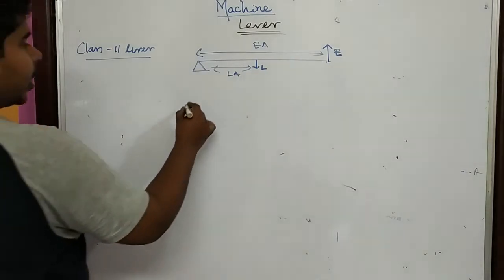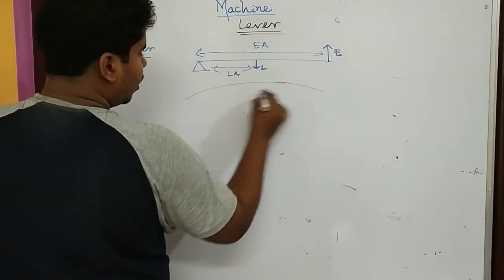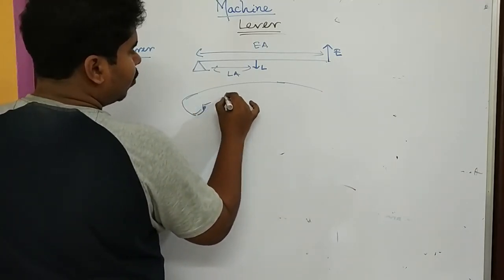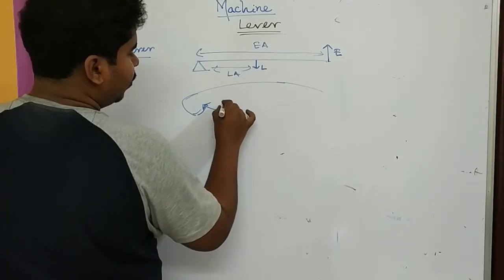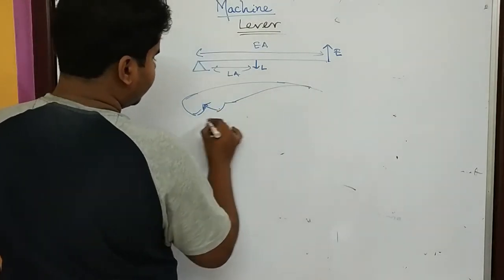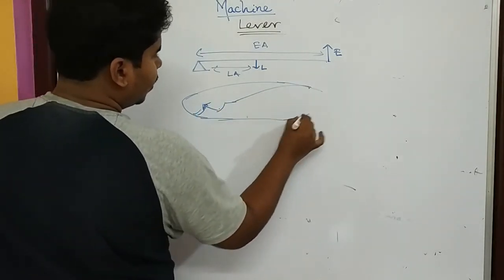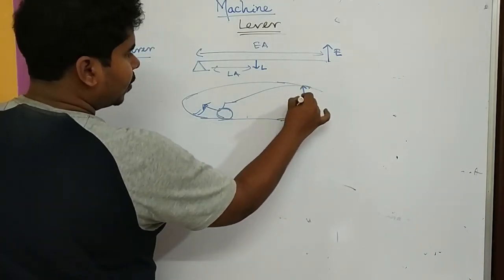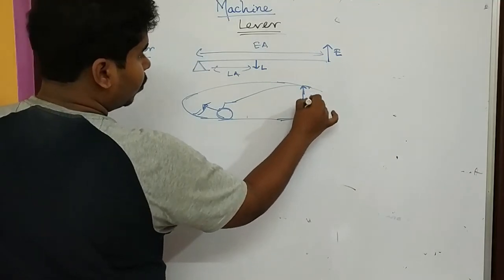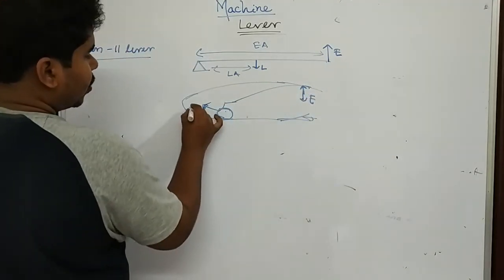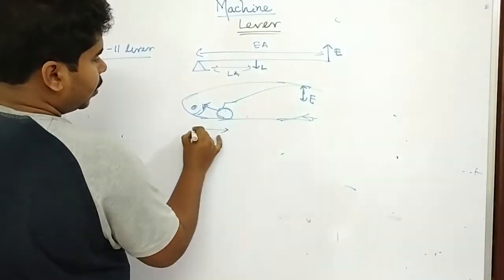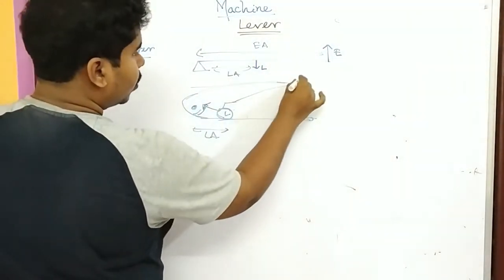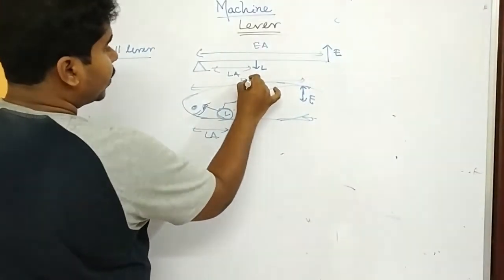Many of you have seen a nut cracker, many of you not. Earlier the grandmas and grandpas used this type of instrument. It looks like this. You put the substance and apply force here, means applying effort in the downward direction to break it. So here it is fixed. This one is the load, so it is the load arm, and this total length is the effort arm.